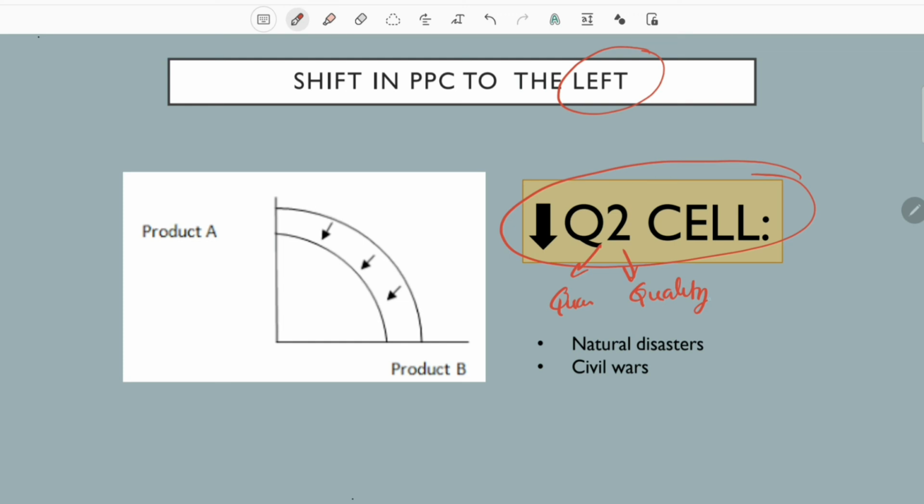So when the 4 factors of production decrease quantity wise or quality wise, we call it a reduction in Q2 cell, right? The curve will shift towards the origin, or it will shift to the left. Usually natural disasters, civil wars or things like that would destroy the amount of land, labor and the machineries existing in the economy, and in those situations curves can shift inside.